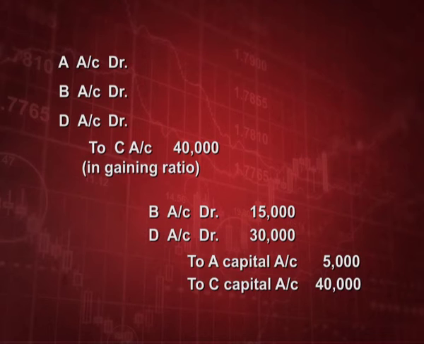So, you clearly see that generally the entry is A, B, D to C, but now in this case as A is sacrificing, he is credited and not debited.